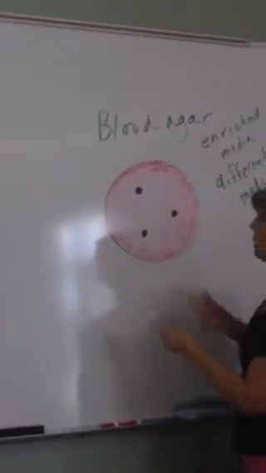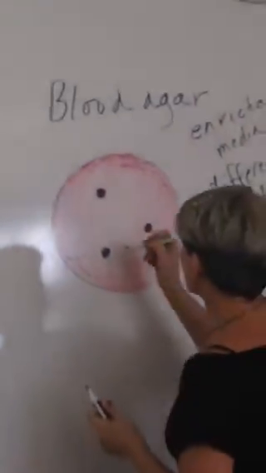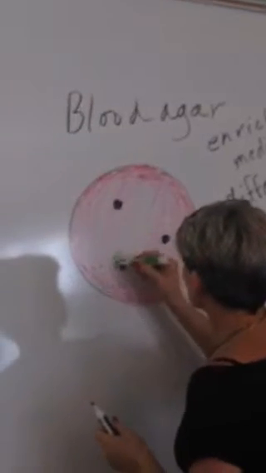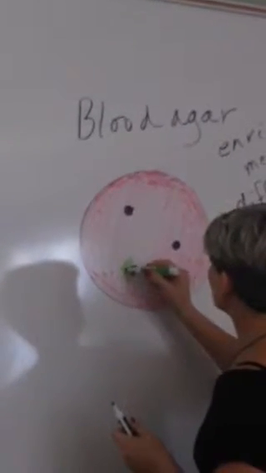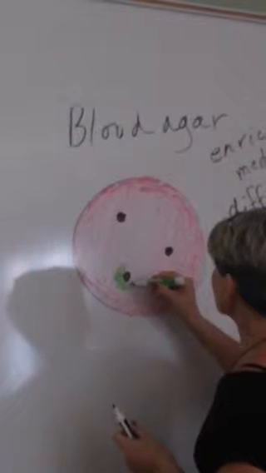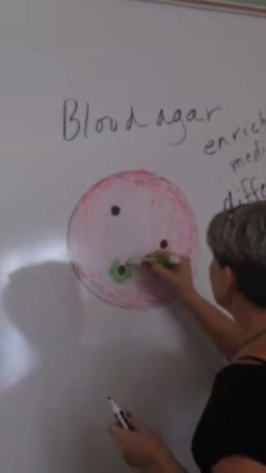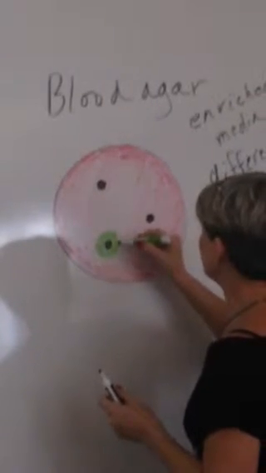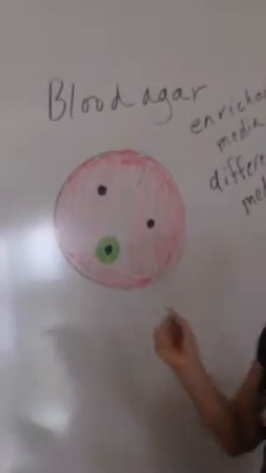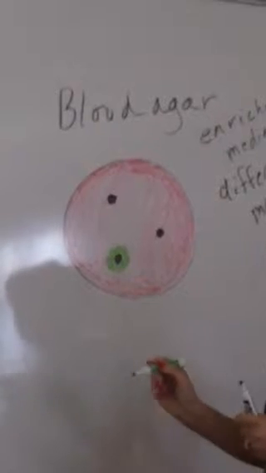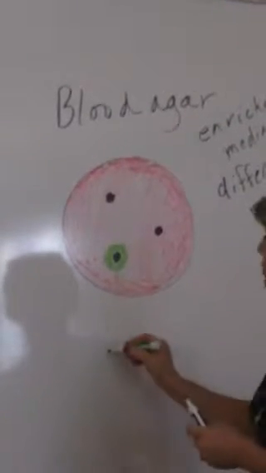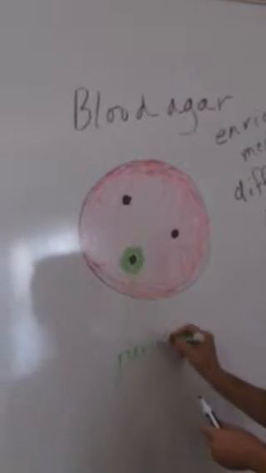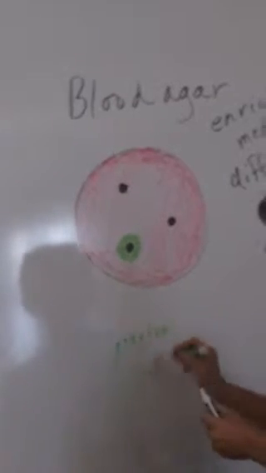If you get a green area around your colony, you know how when you have a bruise, at first it's really bright purple, and then as it starts to go away, it turns greenish and then yellowish, right? So this greenish color is partial hemolysis, which is alpha hemolysis.